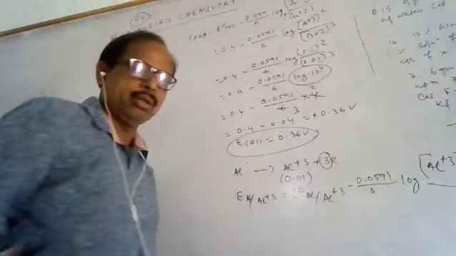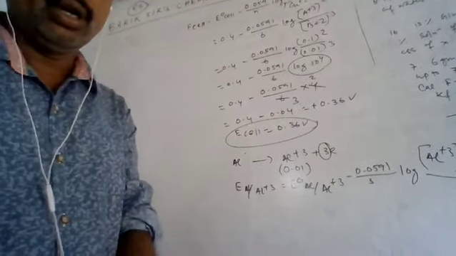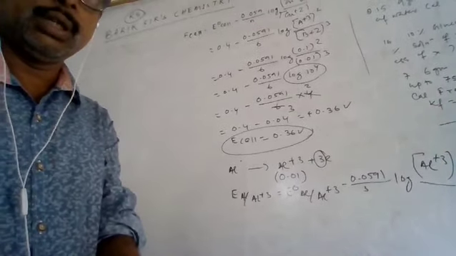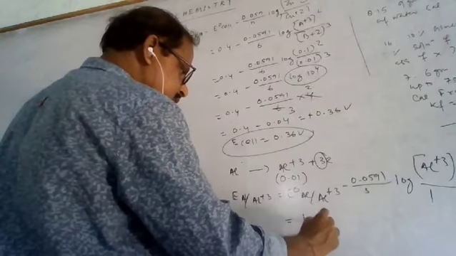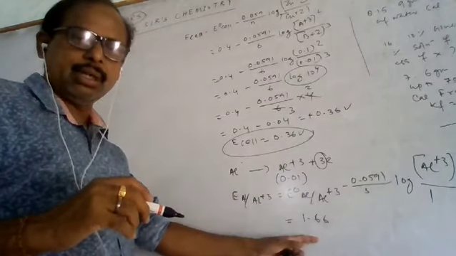I am not writing the Al concentration because it will be equal to 1. So that's why I am not writing it. This value E naught is equal to 1.66, which is an experimental value that will be given.